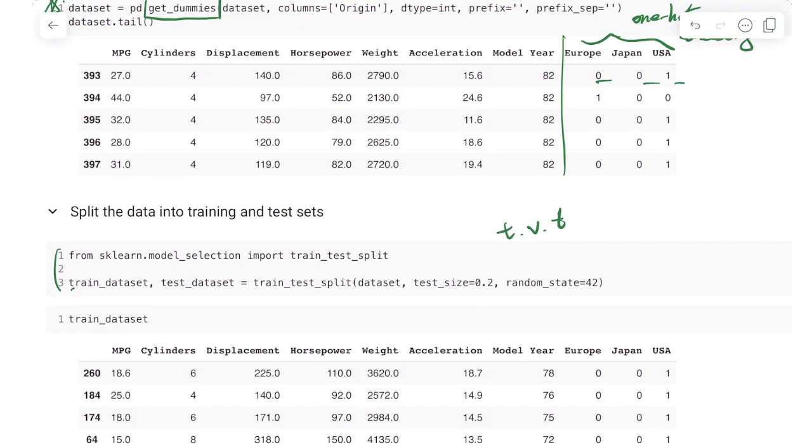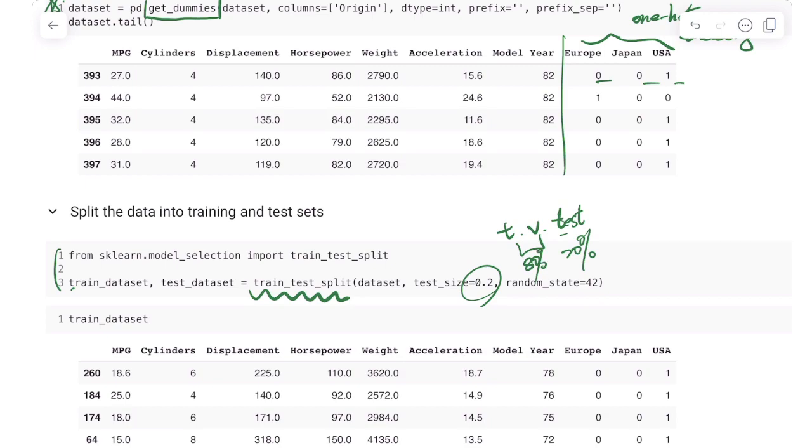Most of the time we will use the function train test split to randomly split the data into 2 different data sets. Right here the test size is 0.2. That means 20% of the data will be the testing data, and 80% of the data will be used as training data or validation data.